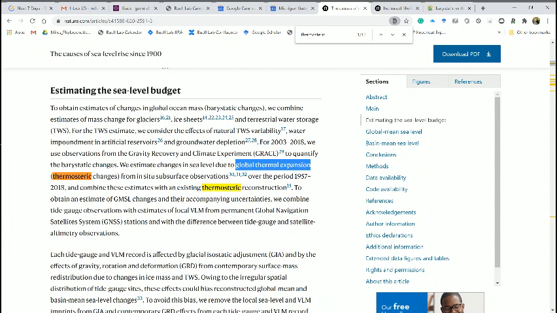So heating up water can increase the volume it takes up, and even small changes in the temperature of water can cause it to expand a little bit. When you sum that small change over the entire ocean, you can get a measurable increase in sea level.